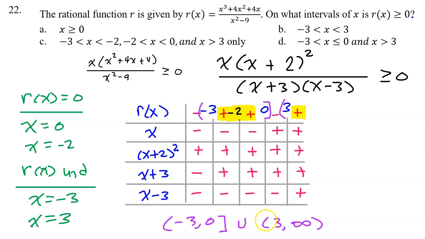But let's see if we can match it up. So -3 to 0, that's right here. We see the less than, that's parentheses, and you see the or equal to on the 0, that's the bracket. So this is matching up great. And the inequality x is greater than 3 matches the interval from 3 to infinity. So the answer is D.